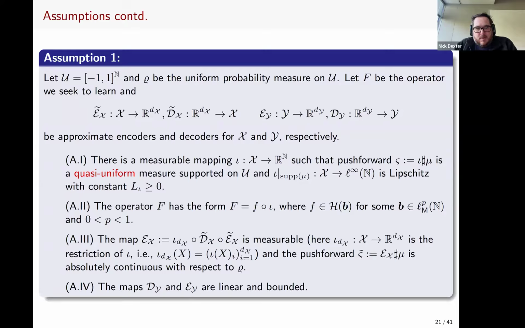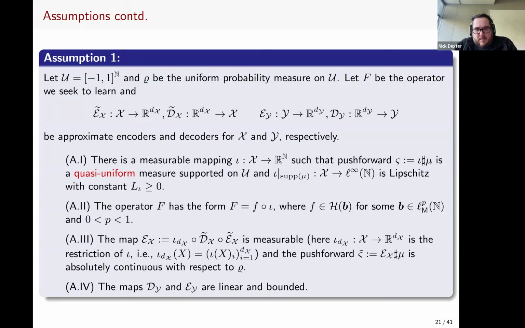These are approximate encoders and decoders for x and y respectively. We have these four assumptions. One is that there's a measurable mapping iota such that the push forward measure is a quasi-uniform measure supported on U and restricted to the support of mu. The mapping iota is Lipschitz with constant L_iota.